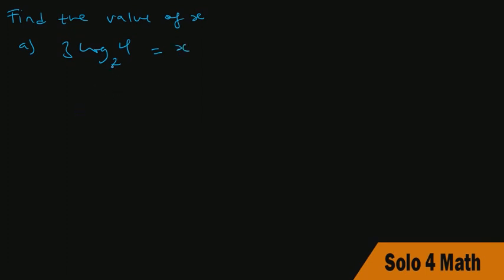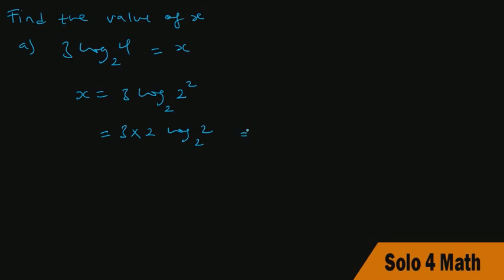To work this out, we are going to change this argument and write it as a power of 2, so that the power comes down. We remember that if the argument is the same as the base, then that gives us 1. So we shall say x is equal to 3 log of 2 squared base 2.